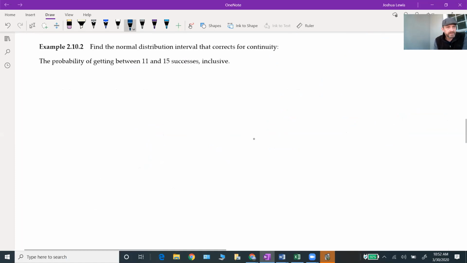So the probability of getting between 11 and 15 successes inclusive. I want to correct for continuity, right? I've got 11 and I've got 15. Now, if I'm talking about the binomial distribution, 12, 13, 14, then I've got values before 11, and possibly values after 15.